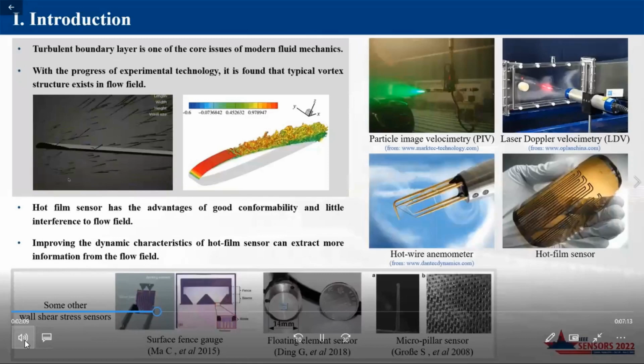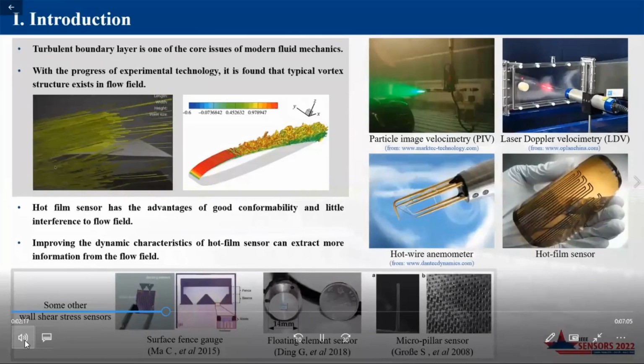Compared with other shear stress sensors, the hot film sensor is based on heat transfer into the boundary layer with less interference to the flow field. There are several ways to measure the dynamic response.